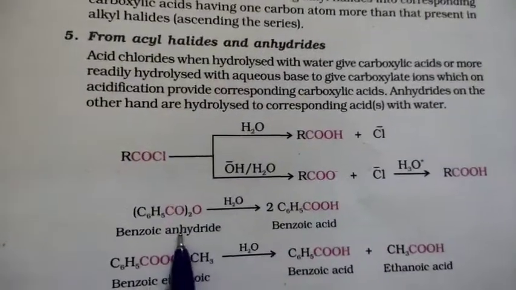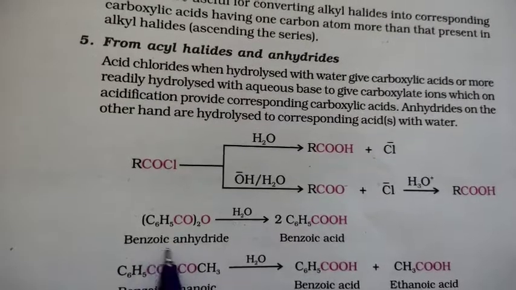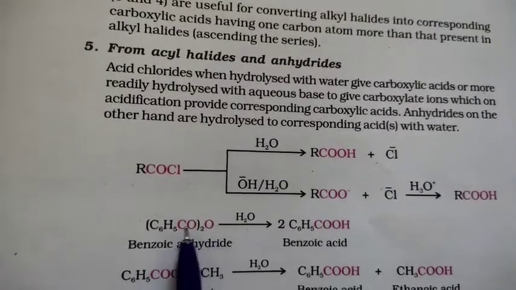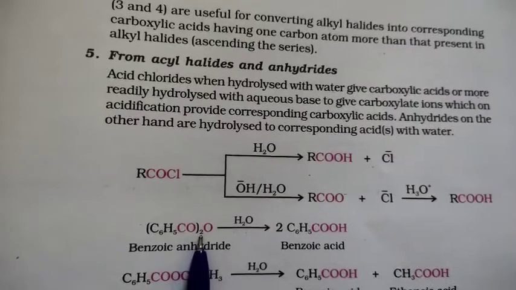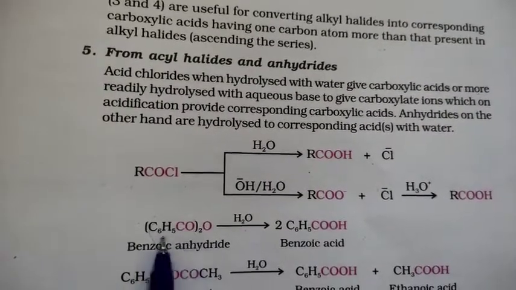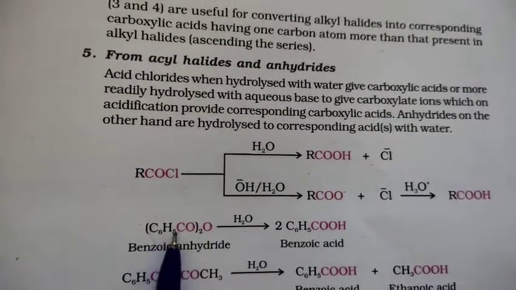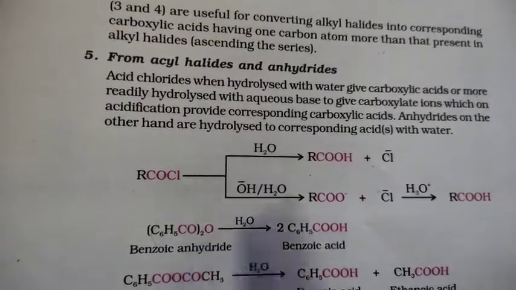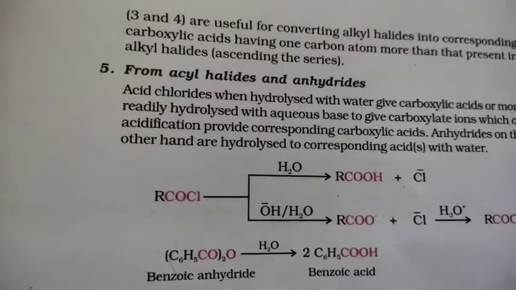Again, another method is that carboxylic acids can be prepared from benzoic anhydride. Because here two is given, two parts of this compound will be there. Two parts of C6H5C double bond O will be there, and one oxygen in between will be there. Let me show you by writing.